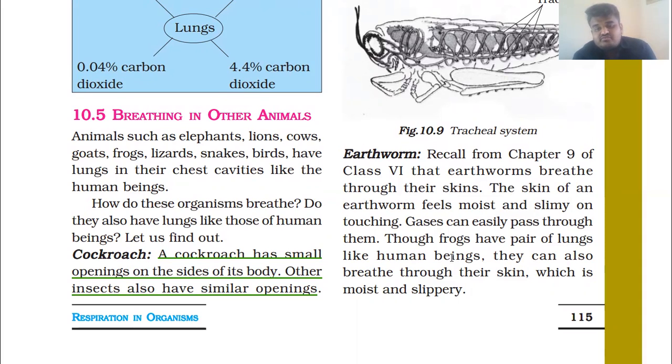Though frogs have a pair of lungs like human beings, they can also breathe through their skin, which is moist and slippery. Whenever you hold a frog, it is slippery and hard to hold in your hand.